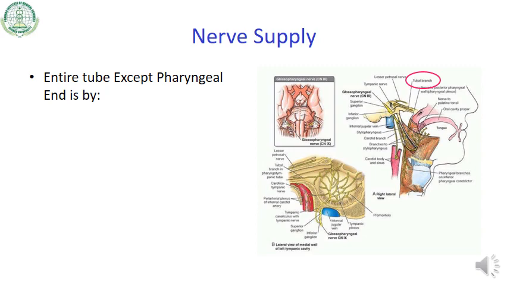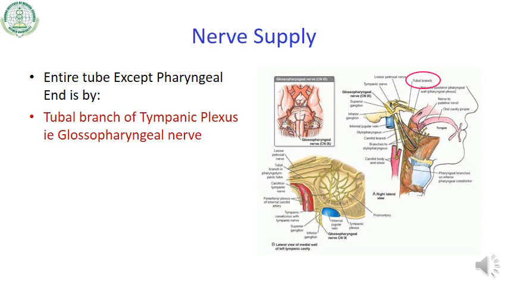The entire tube except the pharyngeal end is supplied by the tubal branch of the tympanic plexus, that is the glossopharyngeal nerve. So you can see in this diagram, this is the tubal branch and this is the tympanic plexus, which is formed by the glossopharyngeal nerve.